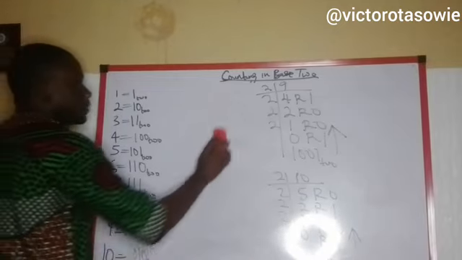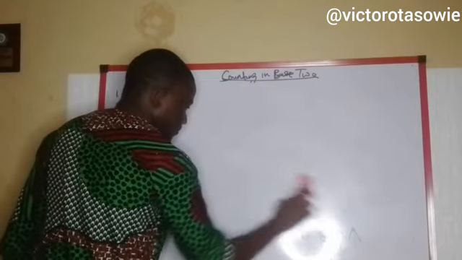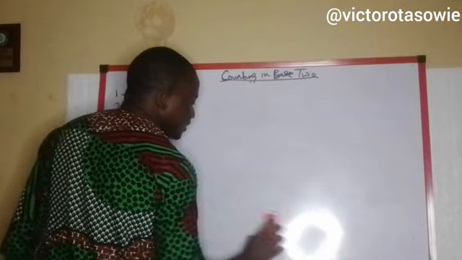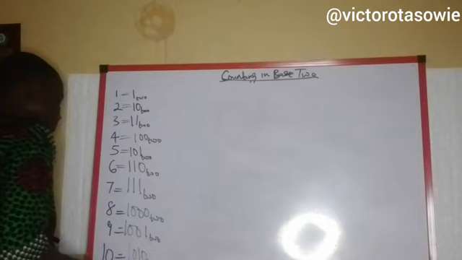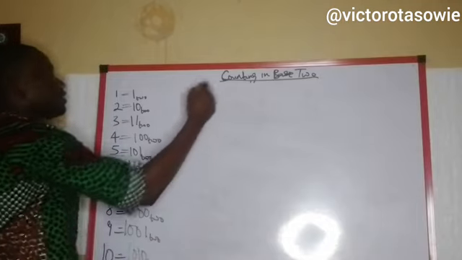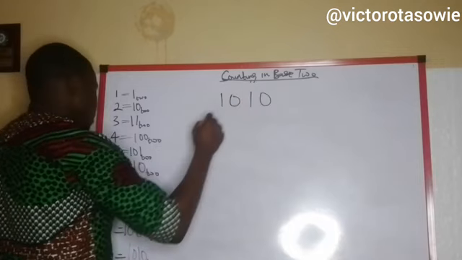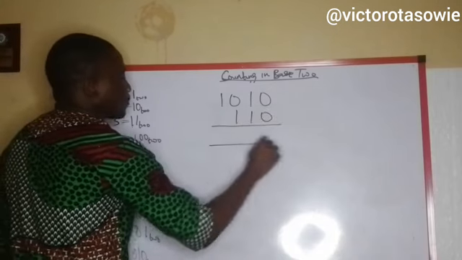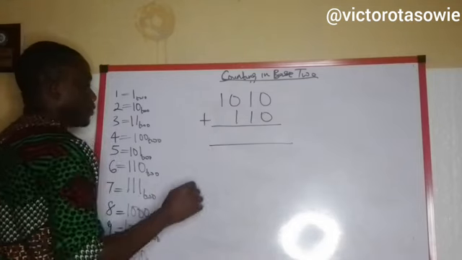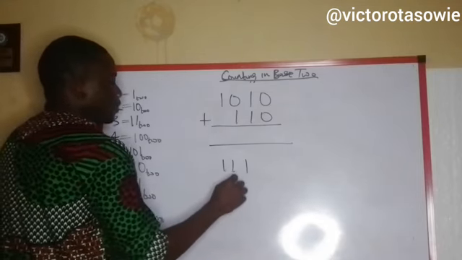Now the next step is when it comes to adding in base 2. That is where some challenges come into play. So we are going to work with certain numbers now. Maybe you are given, I would add 0, 1, 1, 0, 1, 0 plus 1, 1, 0. That is question 1. The next question we have 1, 1, 1 plus 1, 0.